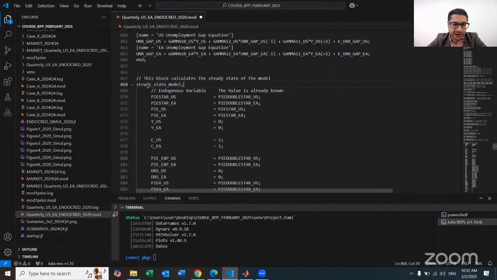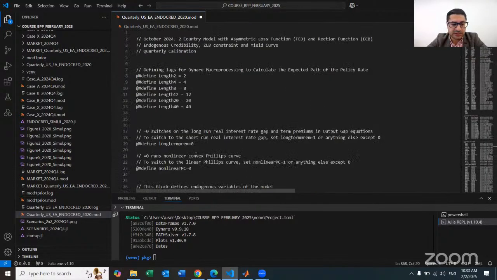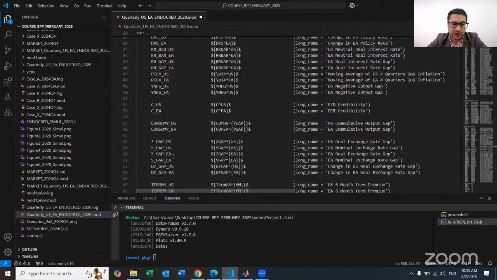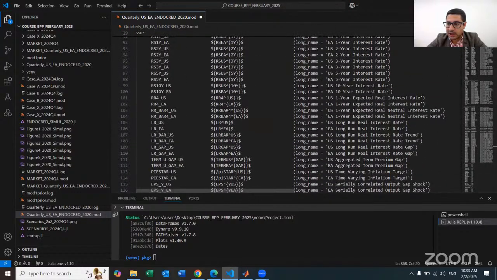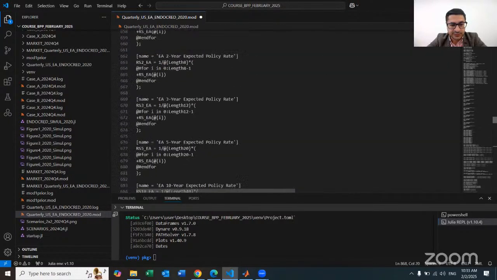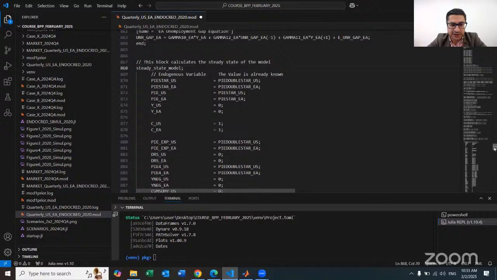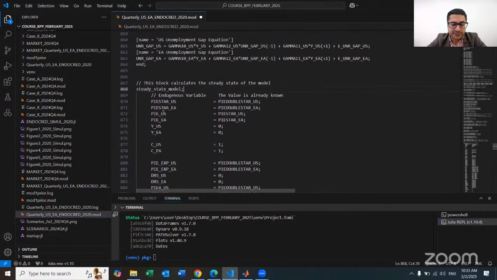What we need to write down in the steady state model is all these endogenous variables of the model, which we defined at the beginning of the mod file, denoted by var, and define the values of all these variables in steady state. So it's very simple. Let's say inflation in steady state should be equal to the inflation target. It's obvious, right?